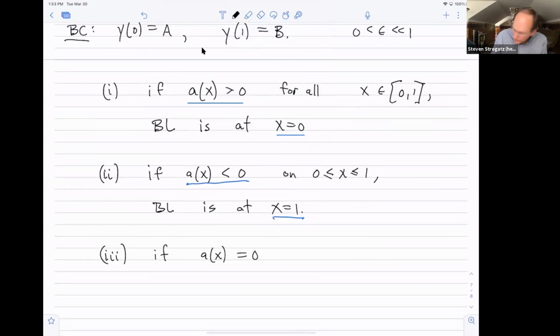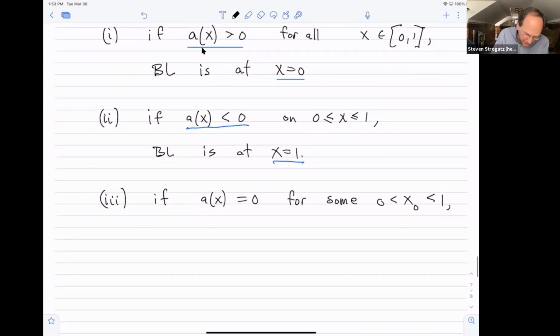So if A of x is 0 somewhere, for some x0 between 0 and 1, then we can have what are called interior layers. So instead of a boundary layer, we have an interior layer, where some kind of rapid variation will happen in the neighborhood of that point x0.